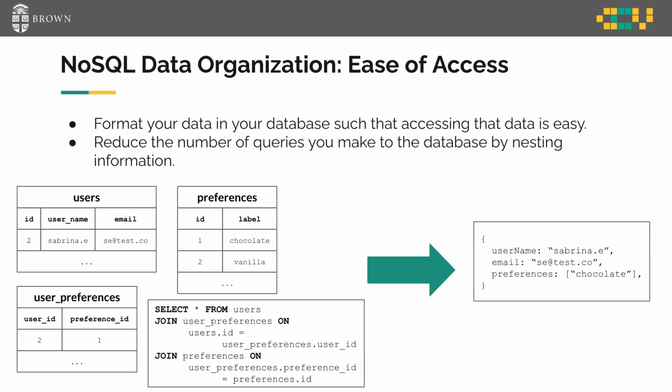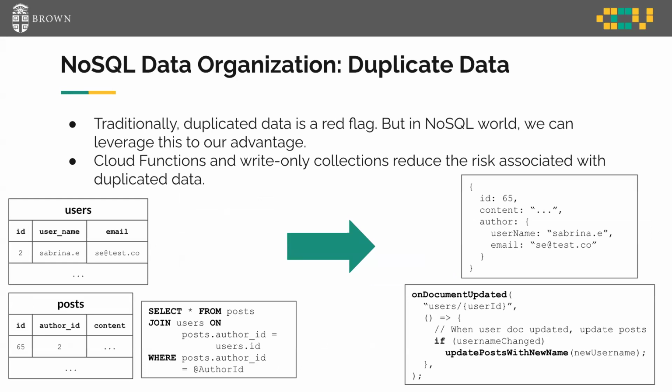Yeah, so this is a great question. Paul's asking about the role of duplicated data. SQL has all of these intermediary tables to reduce duplicated data. Because we're trying to speed up reads, we don't want to have to do those joins, and therefore we'll just merge those things together. And this is where cloud functions come in as a way to really augment how to do this.